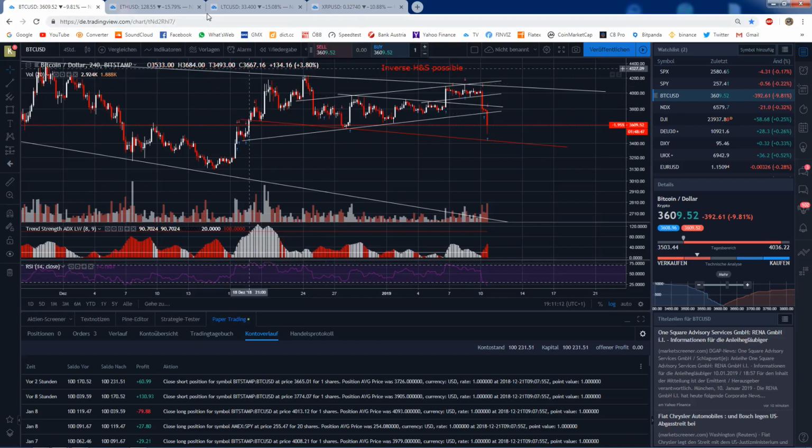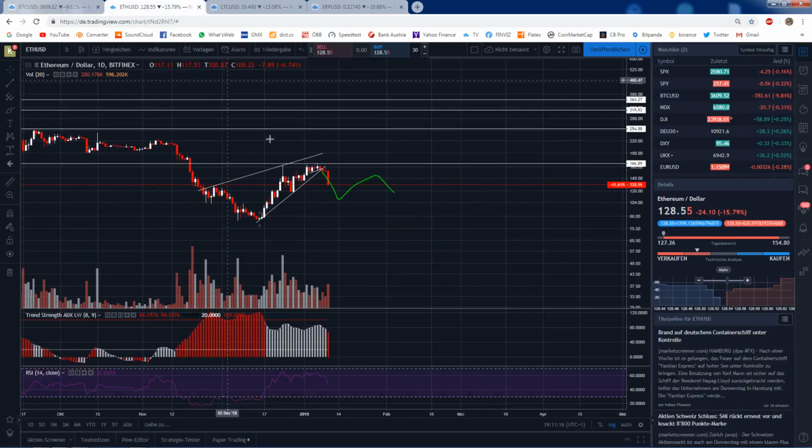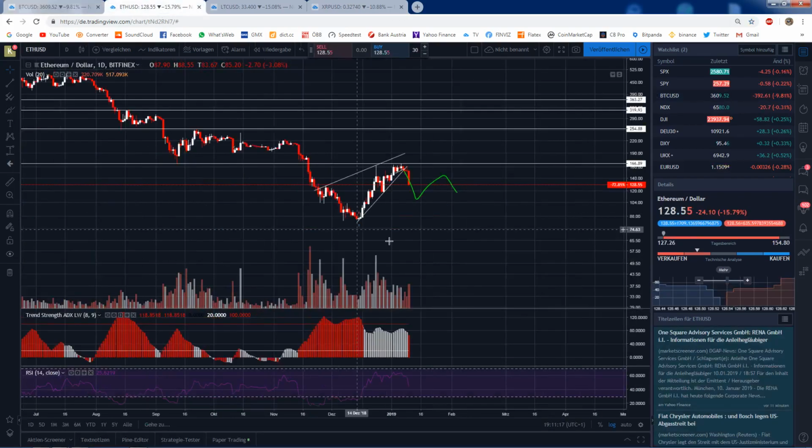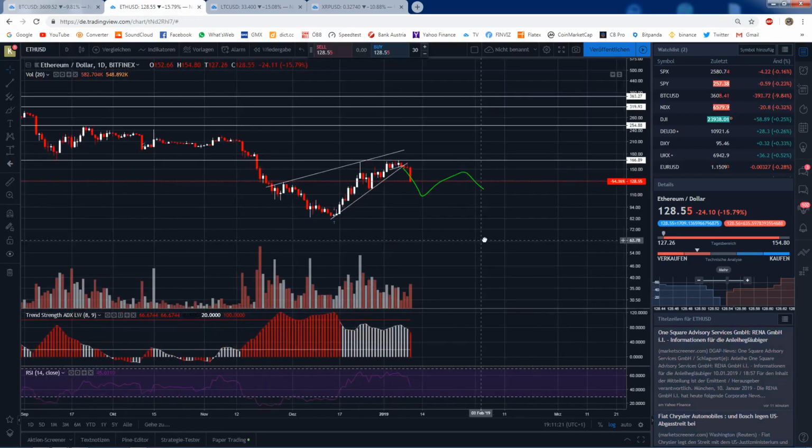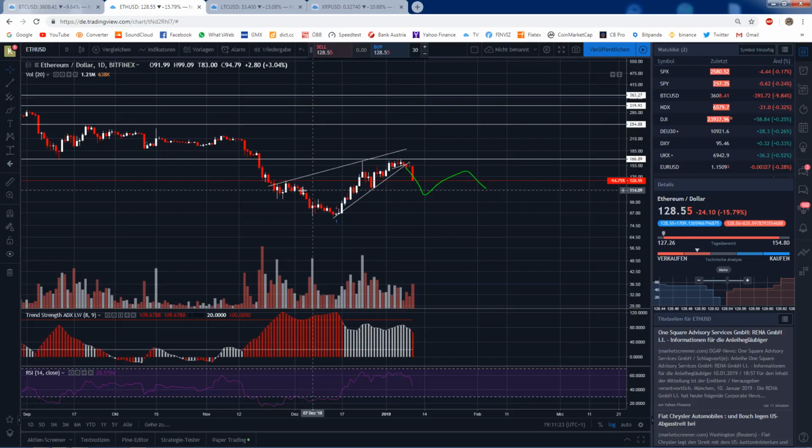Yeah, and I wanted to show you something else. This is Ethereum. I mentioned this also in my last video on it, and we had some sort of ascending wedge, which is bearish.